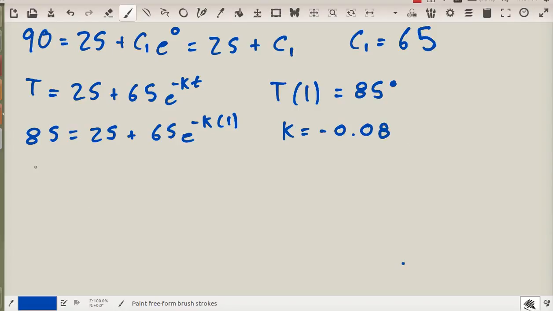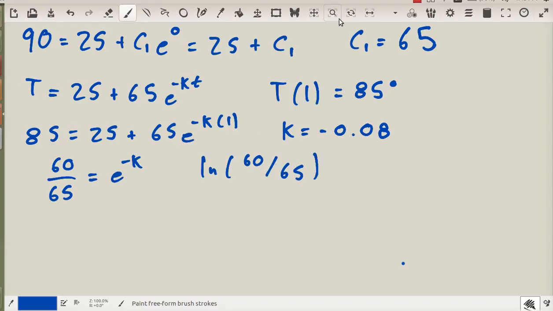The way we do that is just rearrange so that on the left-hand side you have 60 over 65 is equal to e to the negative k. So you can just take ln of 60 over 65 to solve for k.